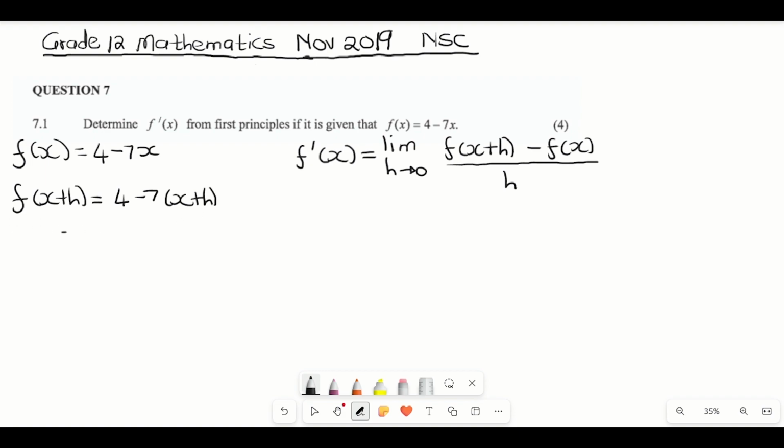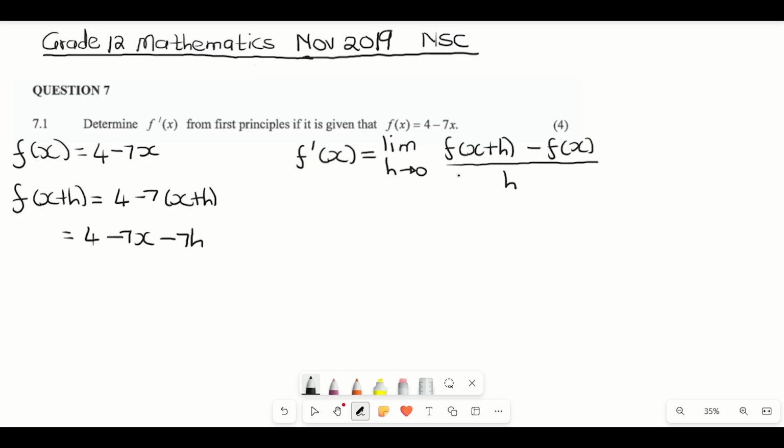We end up with equals to 4 minus, we multiply everything in the bracket with negative 7. We end up with negative 7x negative 7h. So our f of x plus h equals to 4 minus 7x minus 7h.